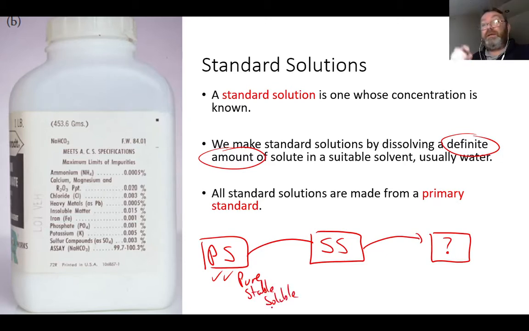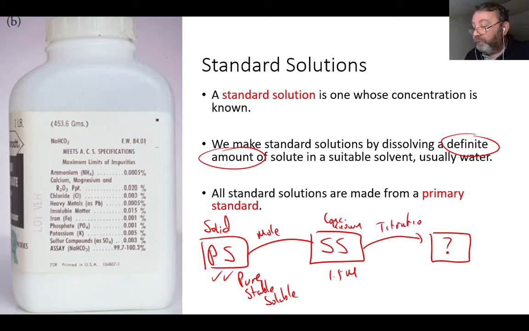They're the 3 brand marks, if you will, of a primary standard. It's normally a solid. You then take a definite amount, a number of moles, and you make up your standard solution. That concentration will be known. And once you've got the concentration, say 1.5 molar, you can use that in titration with other substances whose concentration is not known.